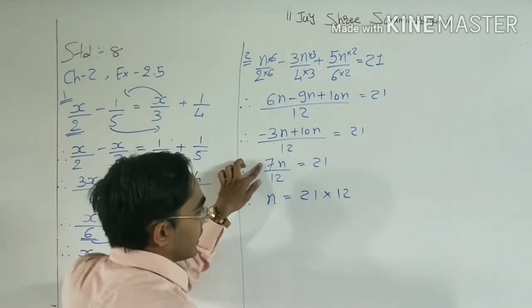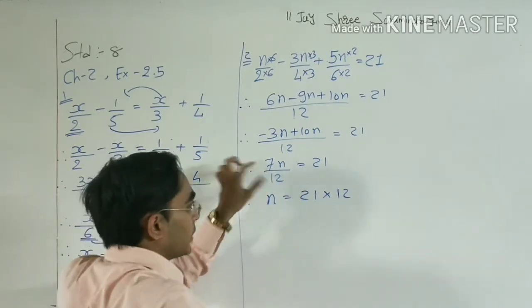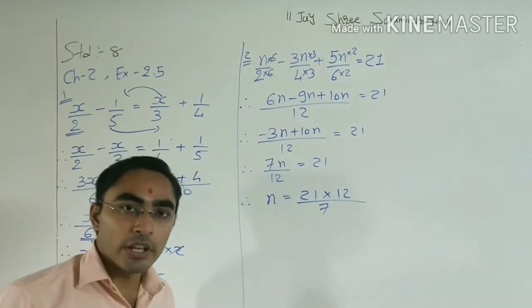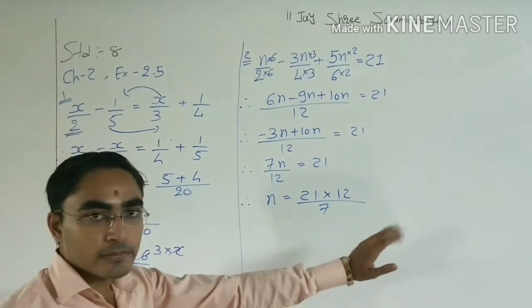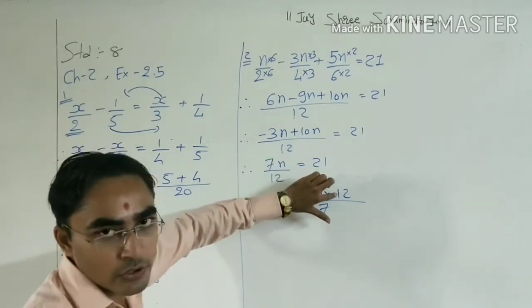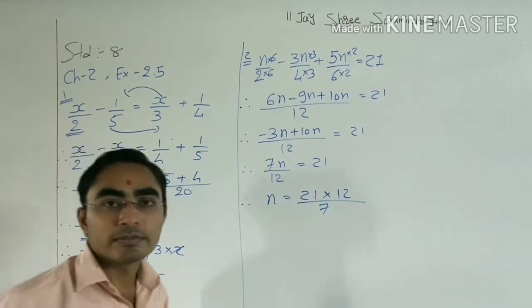And this 7, right now it is in multiplication with n. If we transfer it to the right hand side, it goes to the denominator. At the same time we can transfer both these numbers, 7 upon 12. So 12 is in the denominator, it goes to the numerator. 7 is in the numerator, it goes to the denominator.